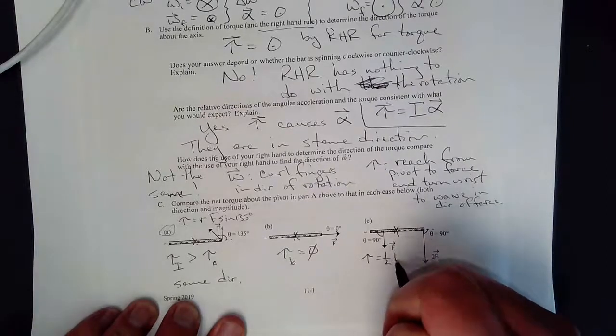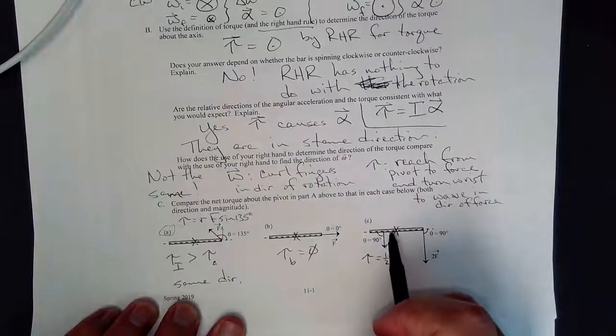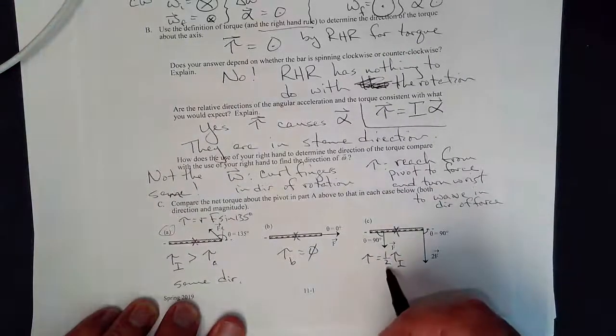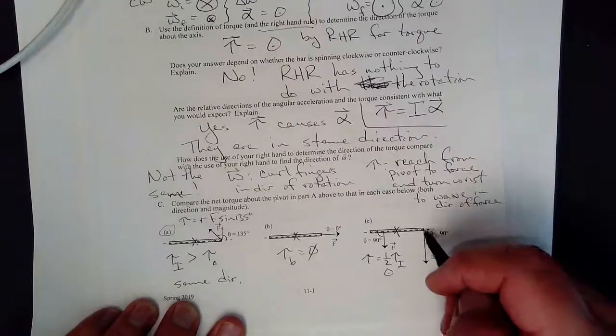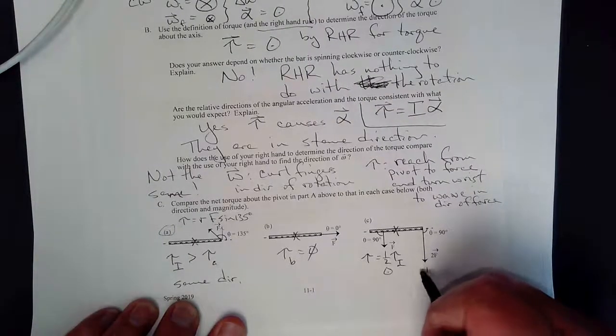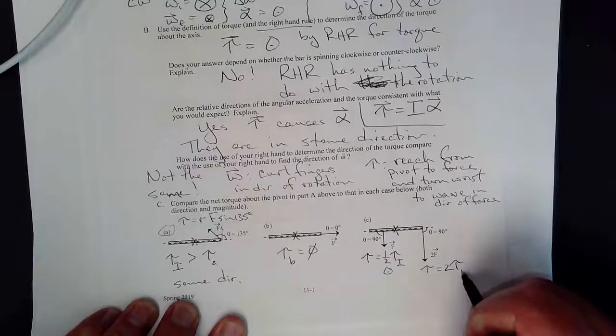I say that because the lever arm is only half as big, but it's still trying to make it go in the same direction. The torque would still be out of the page. So here I have twice the force, so this torque would be twice the torque of the original, but it would be out of the page.